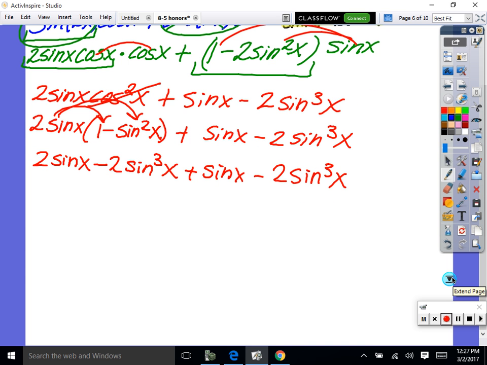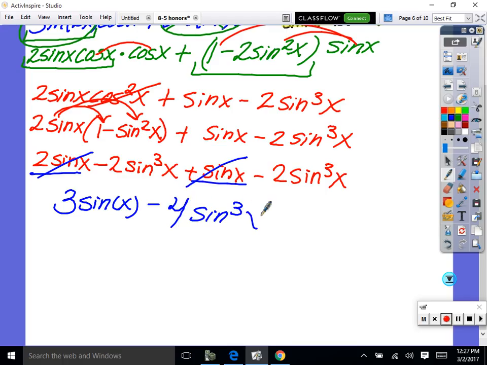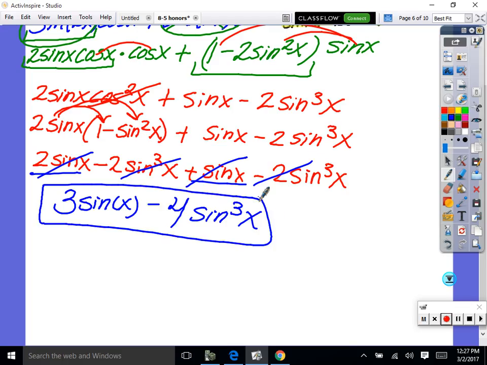Good. 2 sines of x plus 1 sine of x is 3 sine of x, minus 4 sine cubed of x. And we're golden. And now we fixed it so it's all in terms of just x, not 2x, not 3x, and it's all in terms of sine. That's all we were doing.